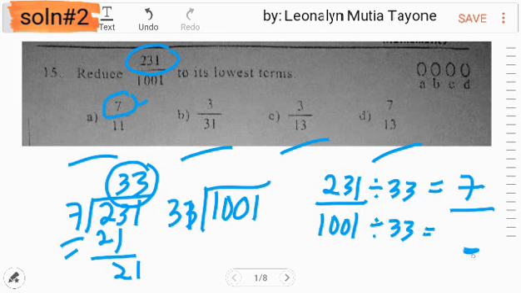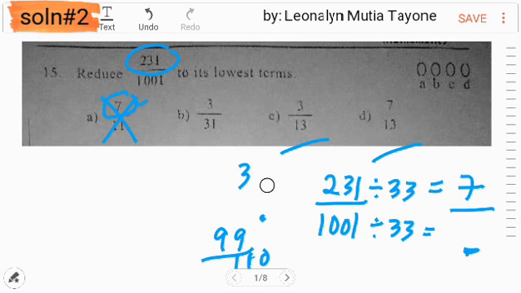Obviously, hindi siya perfect na whole number. Para klaro lang, isa-isahin natin. Isipin mo na lang, may decimal point ka na. So, hindi yan pwede. Eliminate mo na si choice A mo.